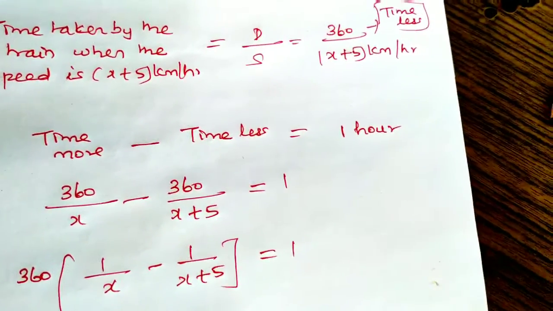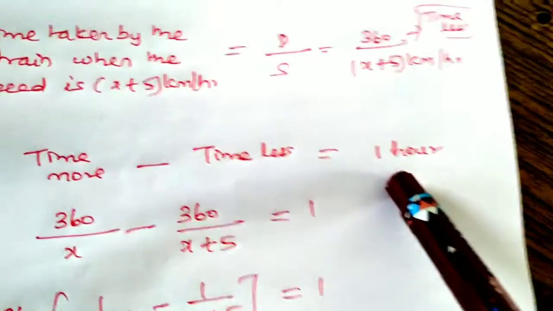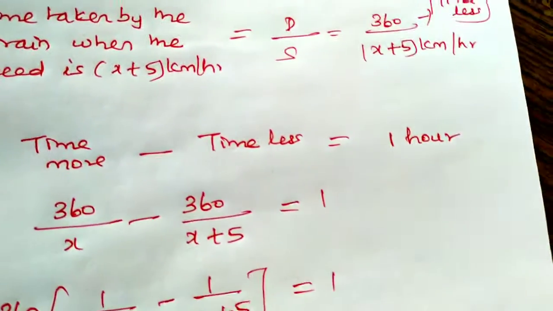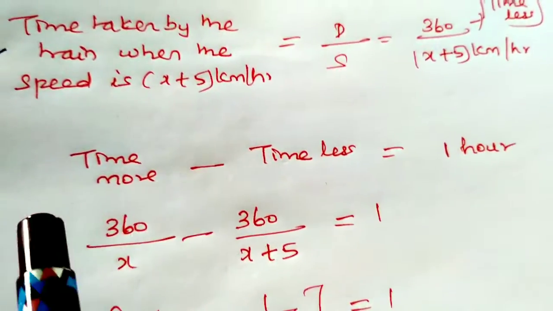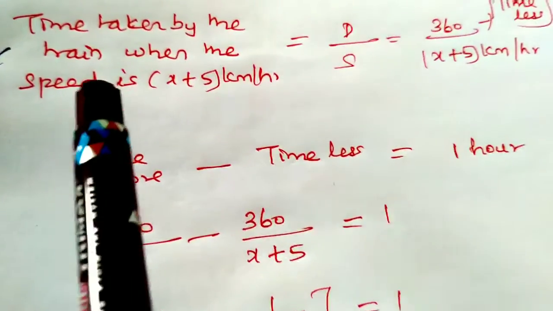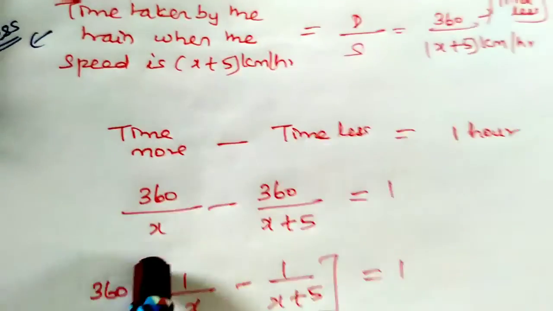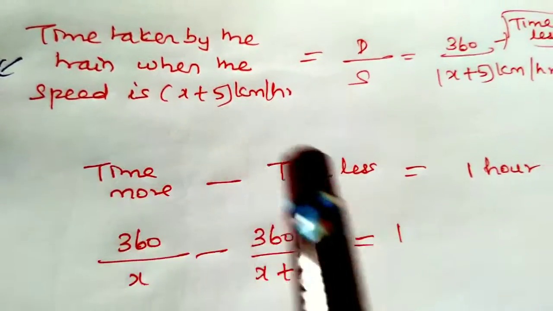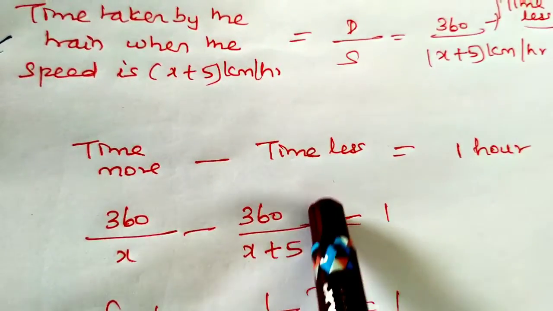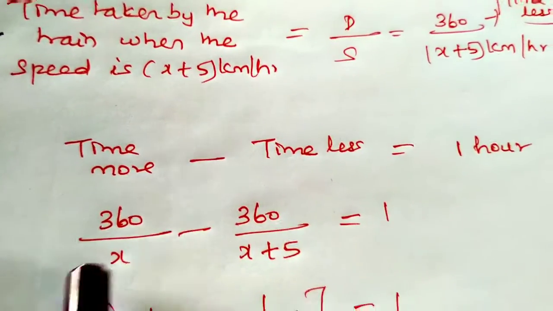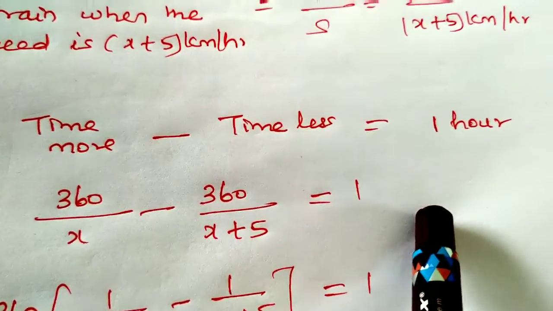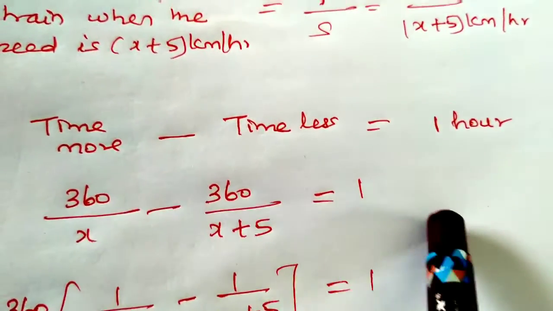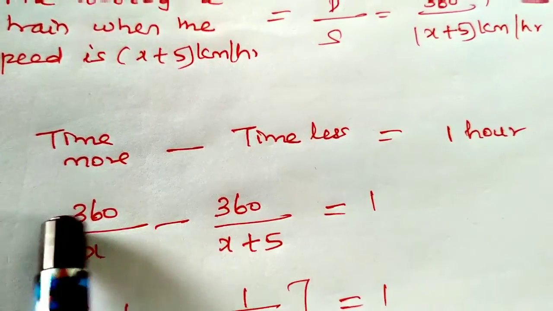If you refer to some books, they will write minus 1 plus 1, which will be a little bit confusing. Better you do the sum in this way. The difference between both the timings is 1 hour. If you frame the equation in this way, then you can solve it in a very easy way.